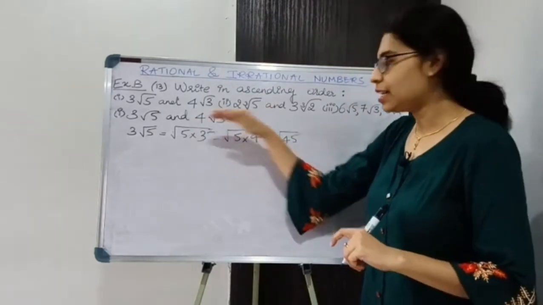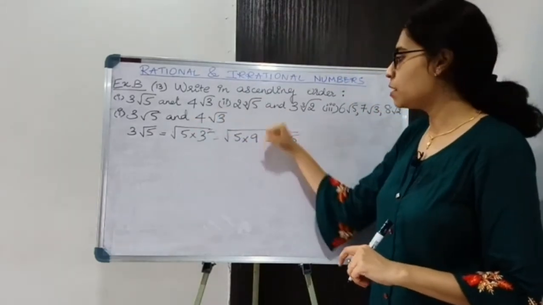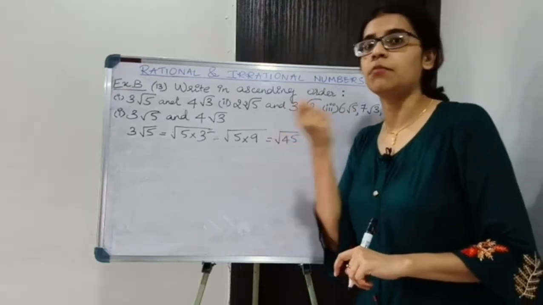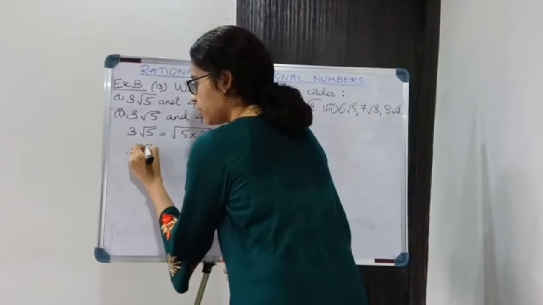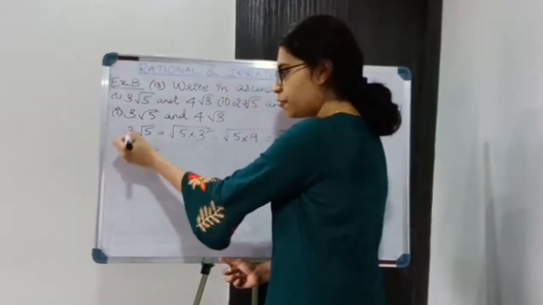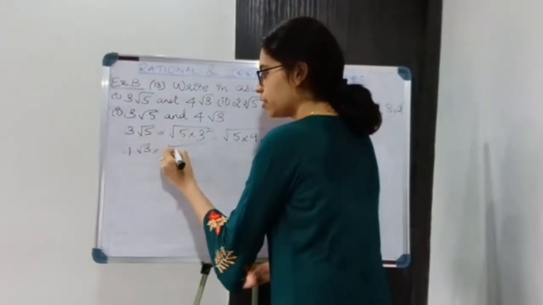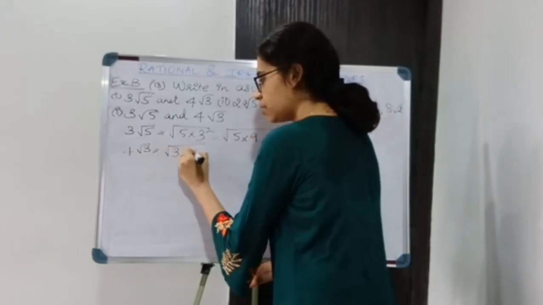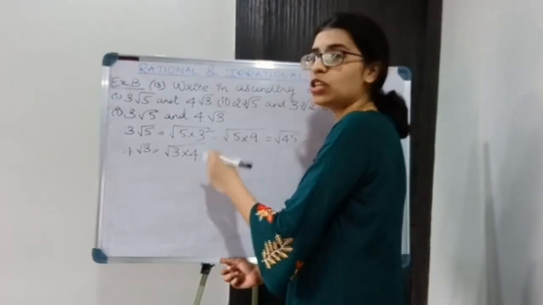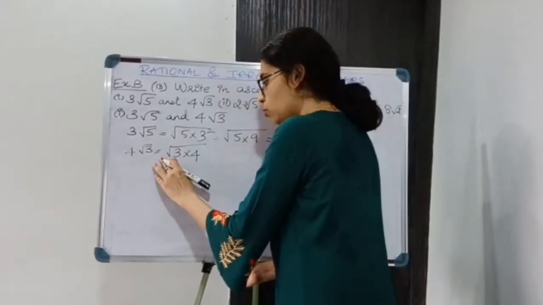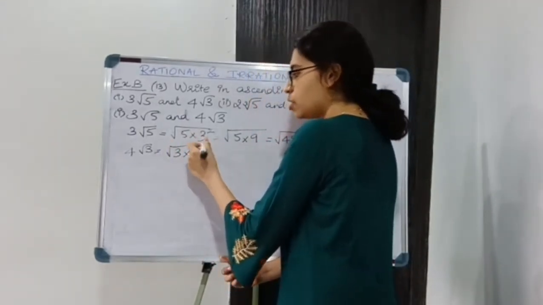Now similarly I'll convert this also into similar root, and then we can compare the numbers inside the root. So 4 root 3, I'll shift 4 inside the root. That is my first step. As soon as I shift the number inside the root, I'll be changing its power. यहाँ पे square root है तो the power is going to be 2.